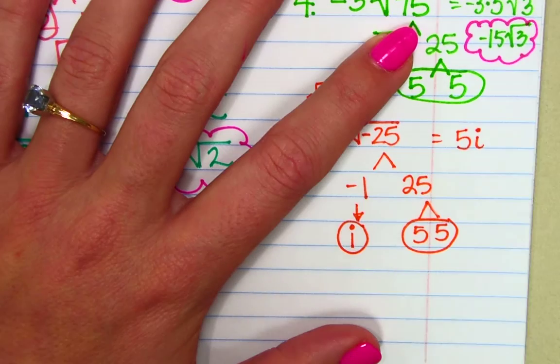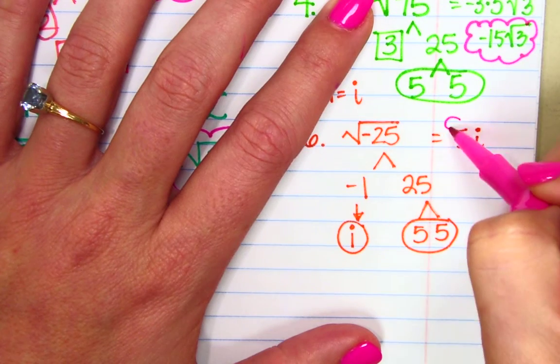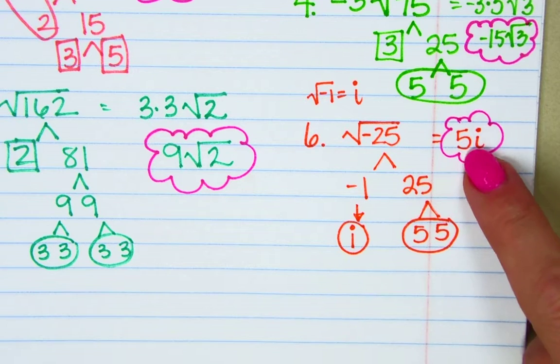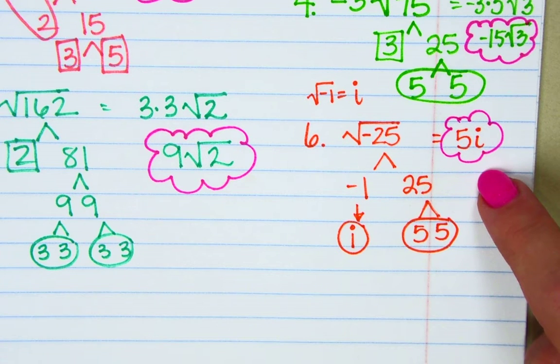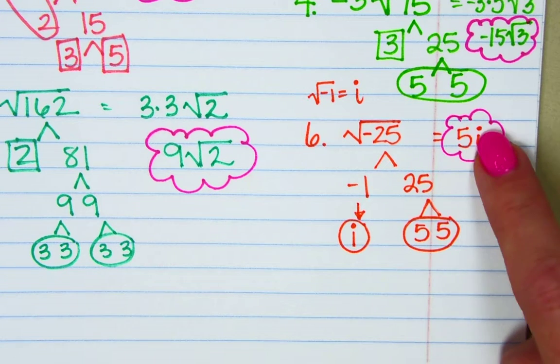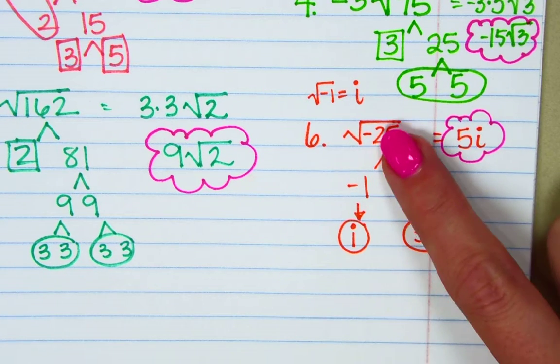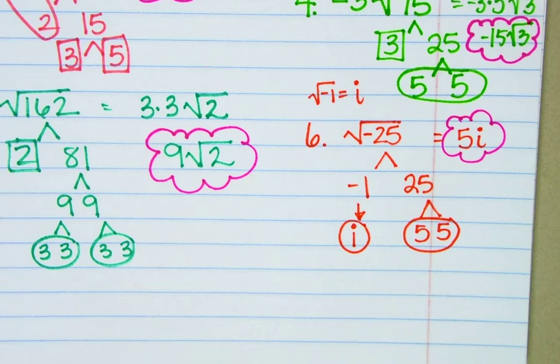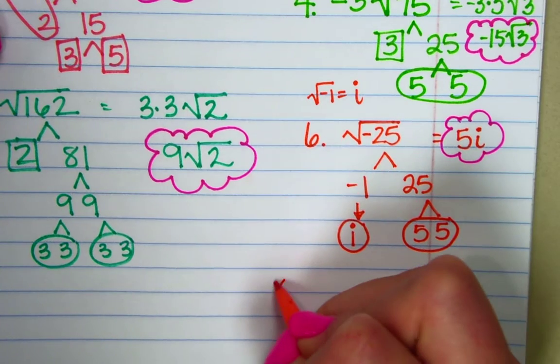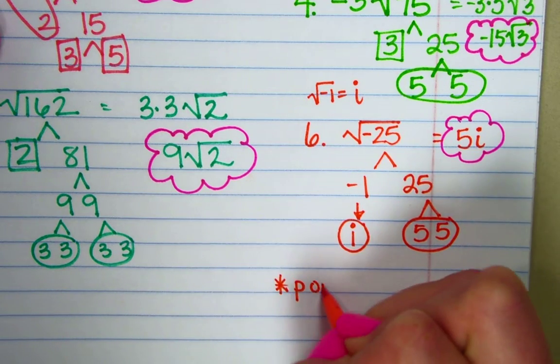Anytime there's a negative underneath the radical sign, there's going to be an I in your problem. Anytime, because the square root of a negative is an imaginary number. It's not going to be a whole number answer. What they say in the notes is pop an I out.